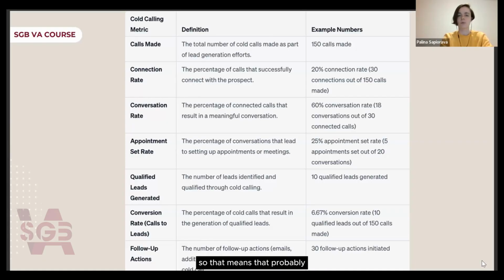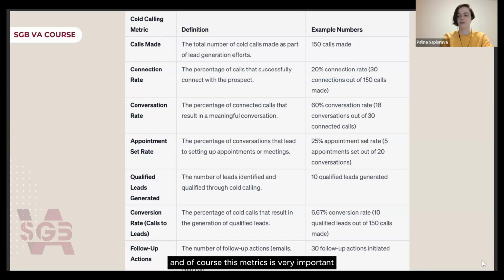So that means that probably your outreach messages were successful, but people aren't interested for some reason. Or probably they asked you to contact them later, which is a good thing, because it means that you can nurture these clients and they might become potential buyers in the future.